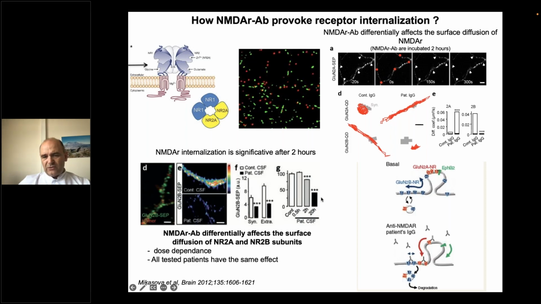And if you look over time, 20% of receptors are internalized after 2 hours of incubation with the antibodies, and more than 50% of the receptors are internalized 20 hours after incubation. So there is a direct role of autoantibodies, and we demonstrated that it was because autoantibodies block the interaction of the receptors with ephrin B2.